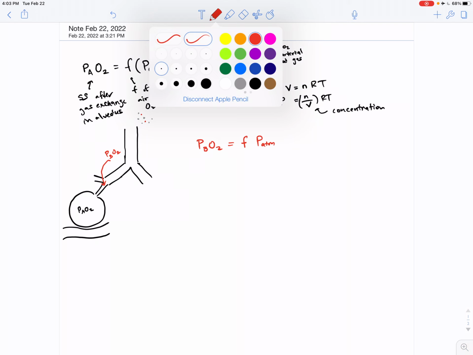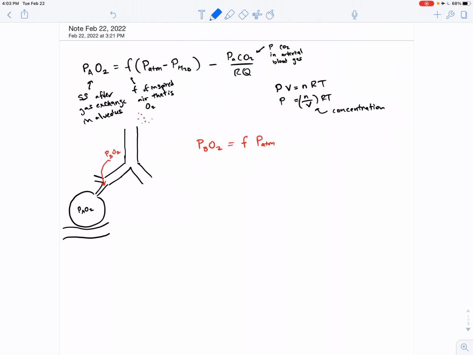The other thing that's going to be important is that inside of our airways we have a lot of water. And what that means is whenever water is present, specifically at a high temperature, like the 37 degrees that we have inside of our body, some of this water will evaporate.